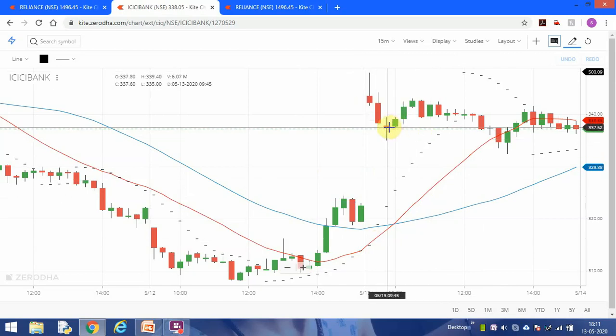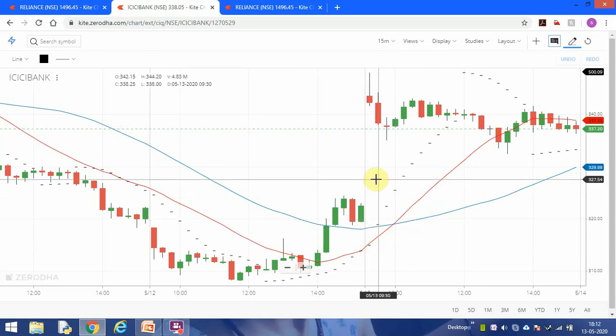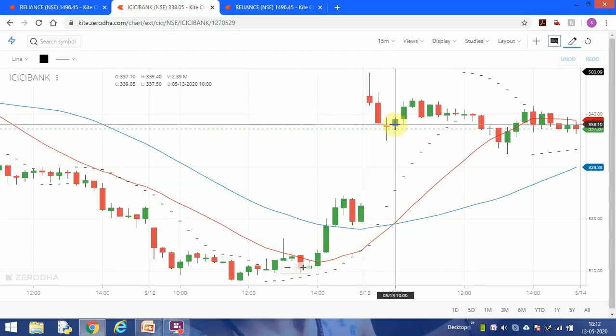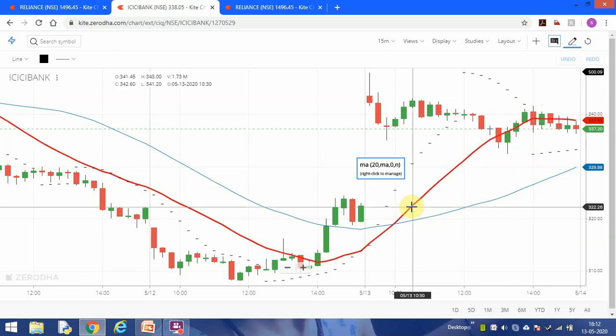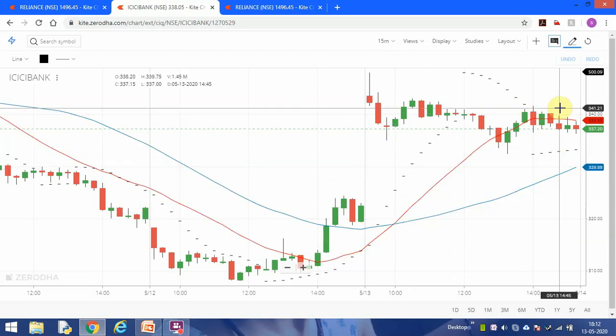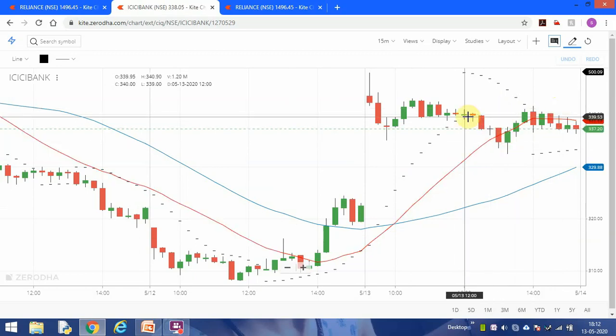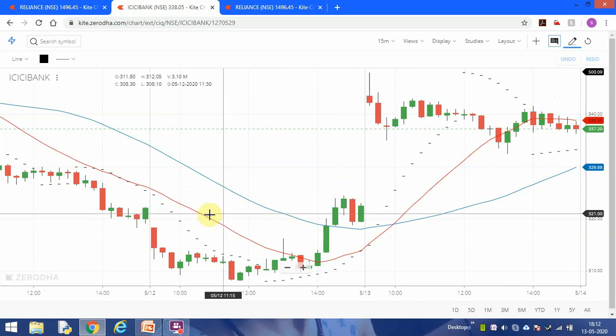You see here 9:45, you have to see where trend is changed, because the market has opened gap up today. You see here there is a trend change. Here you see trend change. So if candle is above parabolic SAR, then stock will usually be up, and if it is below parabolic SAR, then it will go down.